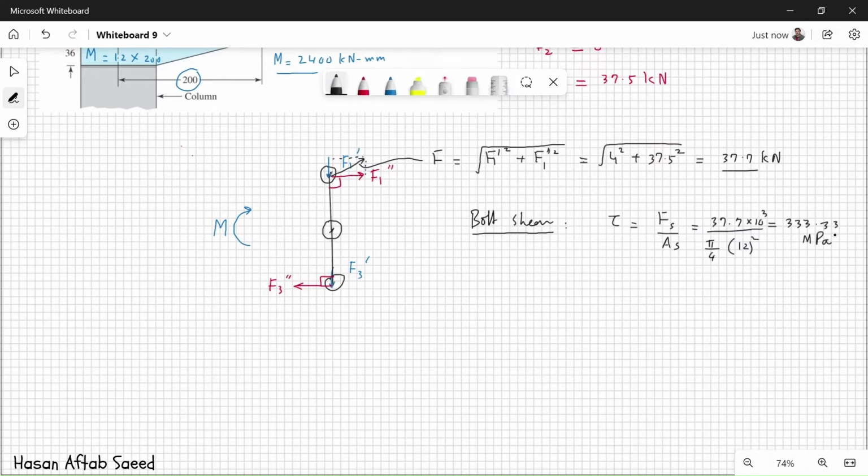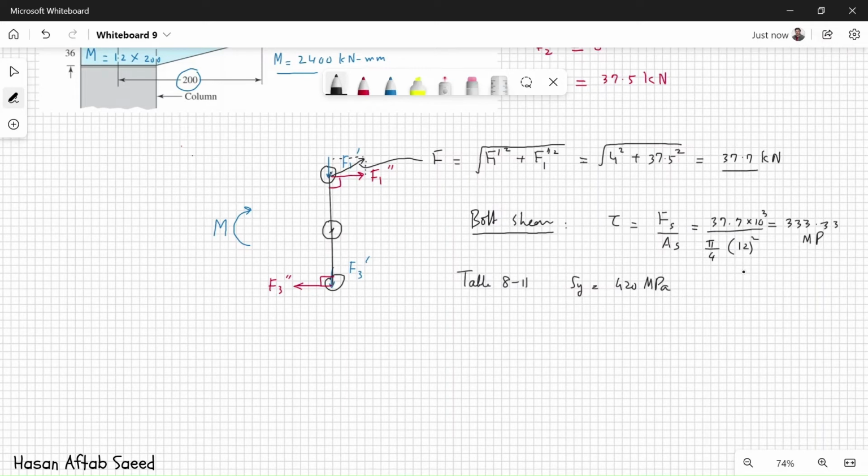Now, what about the strength? From table 8-11, against ISO 5.8 class of bolts, SY, the yield strength, is 420 megapascals. Now, this is obviously the yield strength of the material. This is not the yield strength in shear.